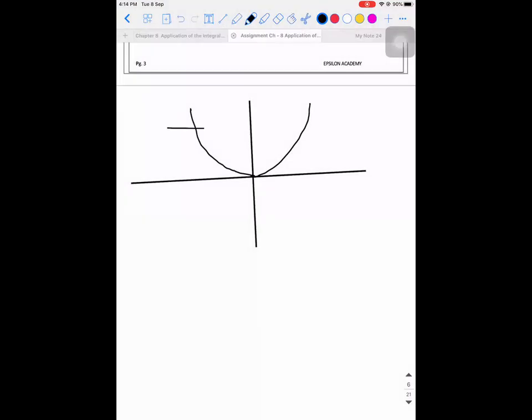Okay. So again, y is equal to 4. There's the curve y is equal to x square. I hope this part is clear. The same diagram I've drawn. Now tell me one thing. If I do with respect to the x-axis, which area will I get?